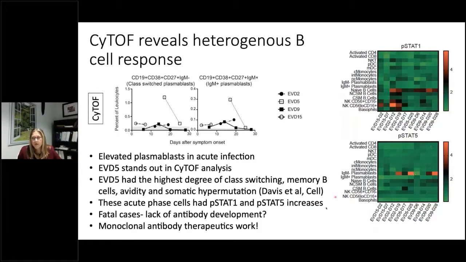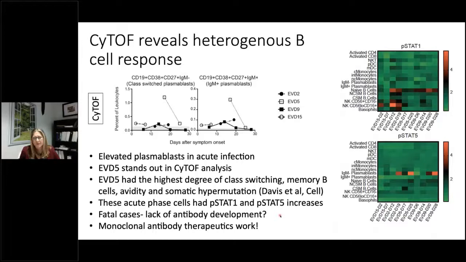What's really cool about the phosphoSTAT5 data is Dave McElroy, who's been working in the Nolan lab for many years, has recently done a study showing that H1N1 challenged humans have plasmablast expansion, and that those plasmablasts in the acute phase of the infection also express phosphoSTAT5. So this probably represents a fundamental feature of the human immune response to viral infections. So you'll see a little bit more of Dr. McElroy's work later in the talk.